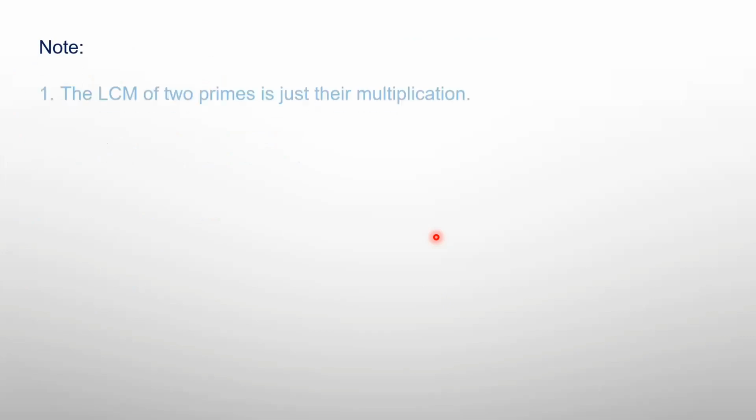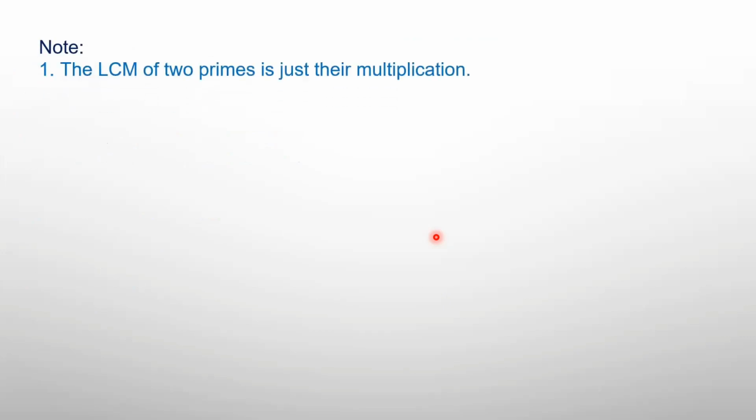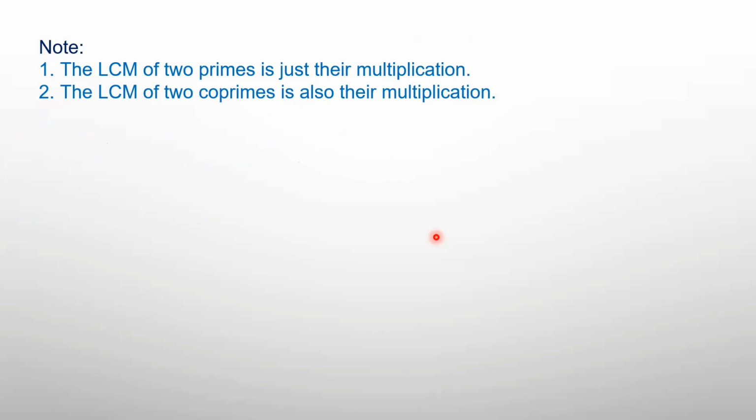Note that the LCM of two primes is just their multiplication. What are prime numbers? Prime numbers are numbers whose divisors are only 1 and the number itself.